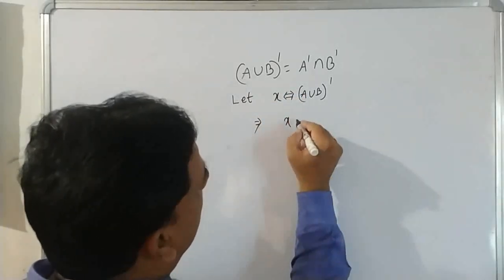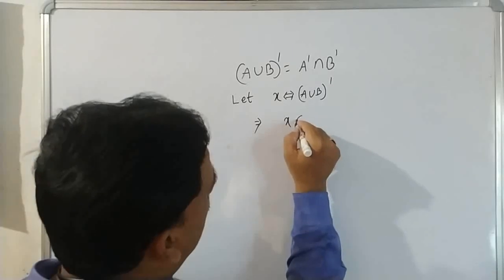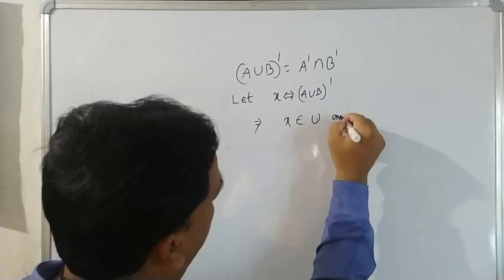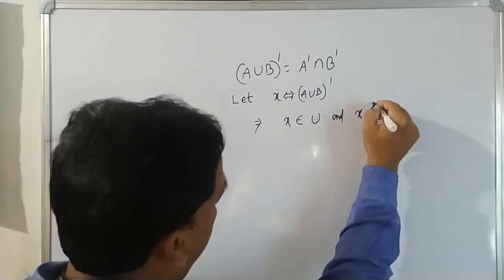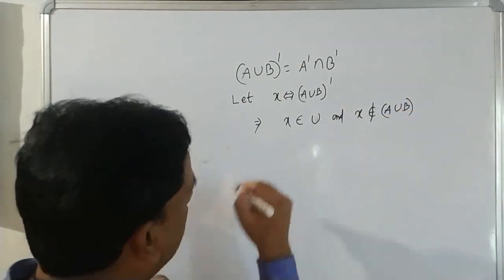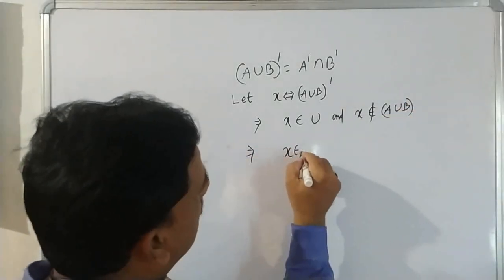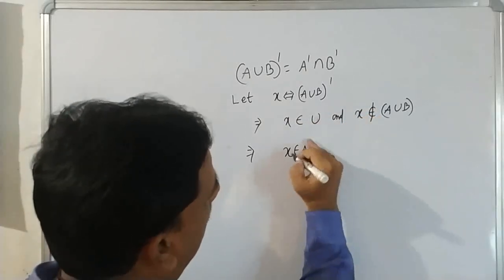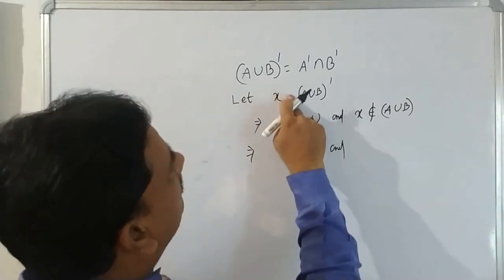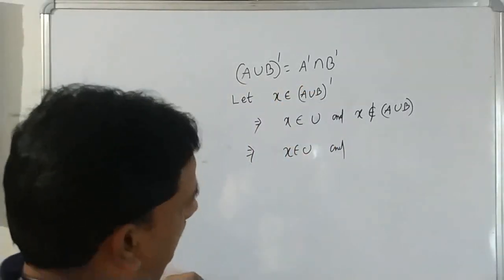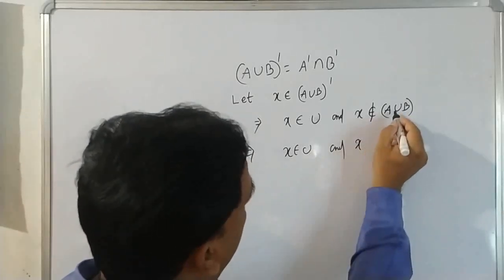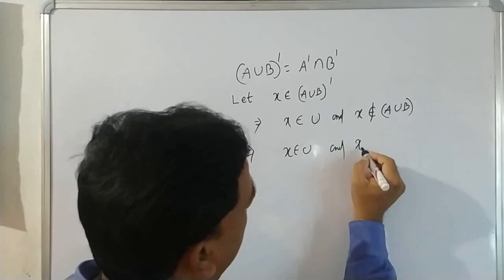So this implies X belongs to U and X doesn't belong to A union B. Here you write X belongs to U, and, see, union is there, so what you have to write here?